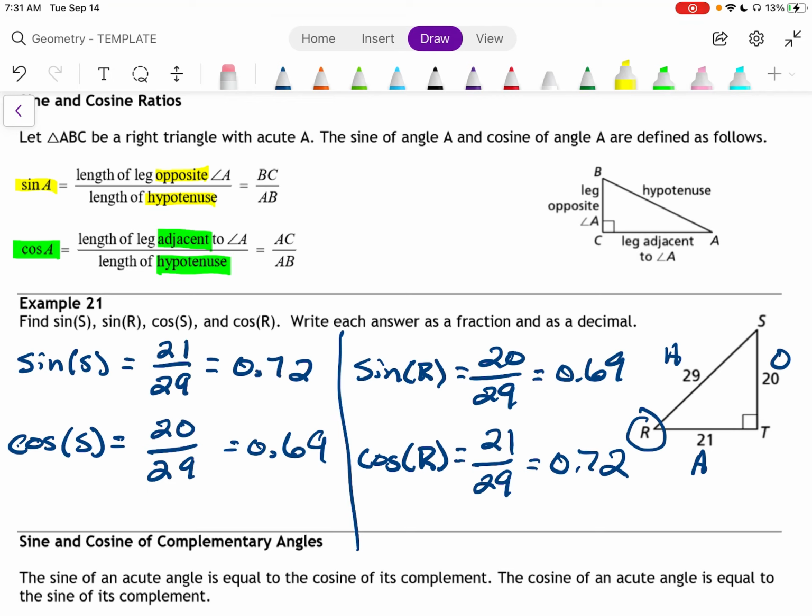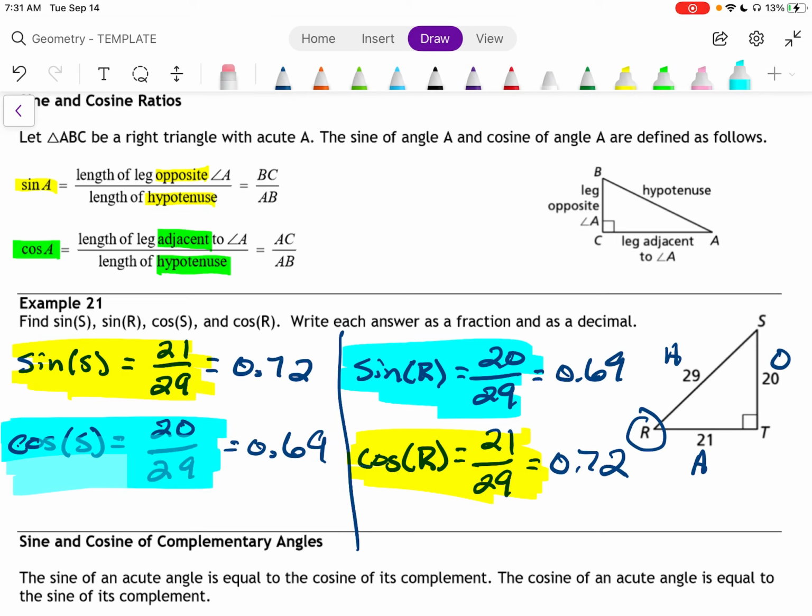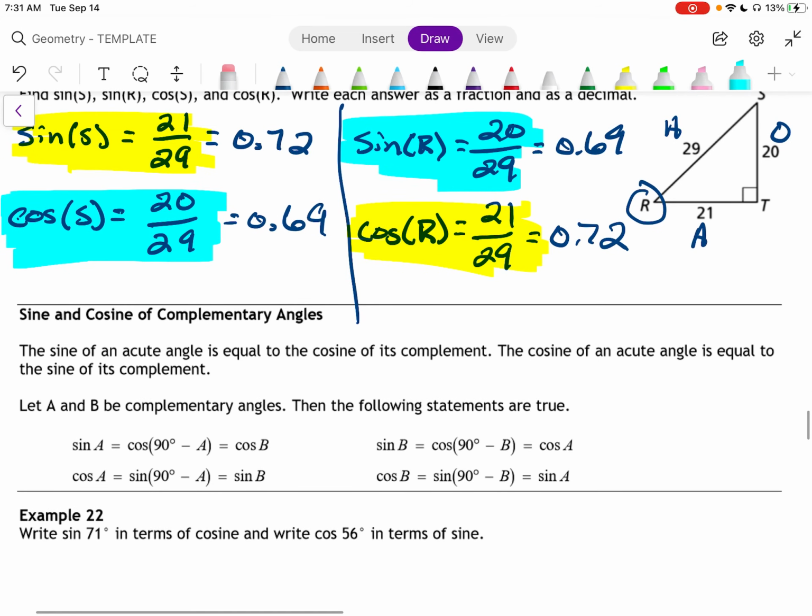We should see something interesting here. This and this are the same. This and this are the same. Okay? That's going to be true for all triangles. That's something to notice. The sine of one acute angle is the cosine of the other acute angle. And, oh, would you look at that?